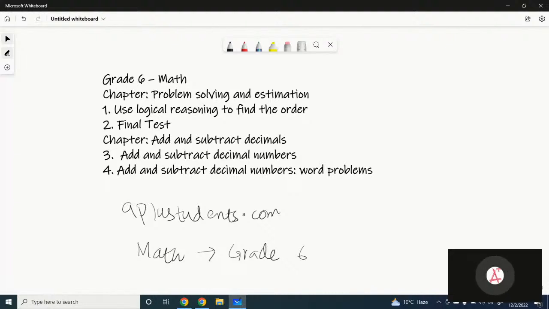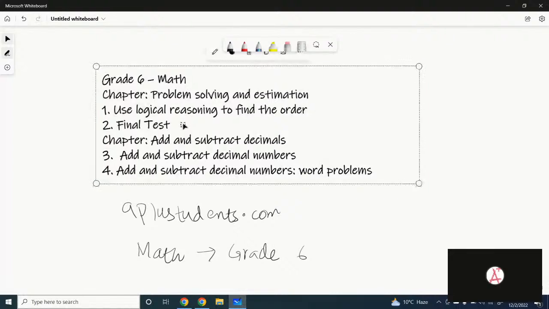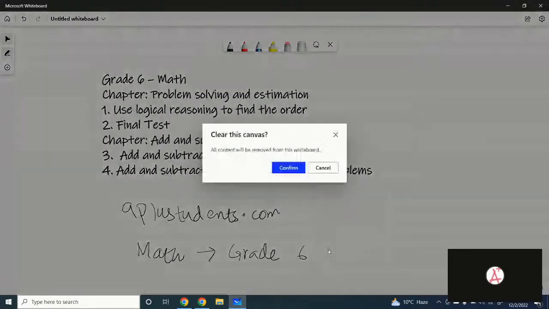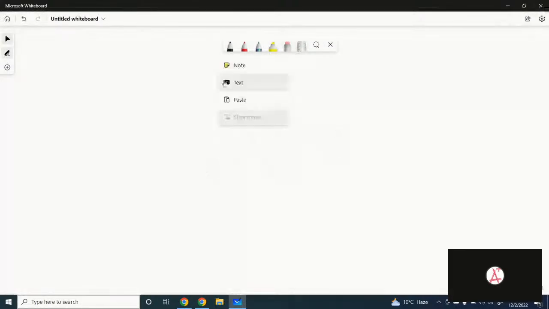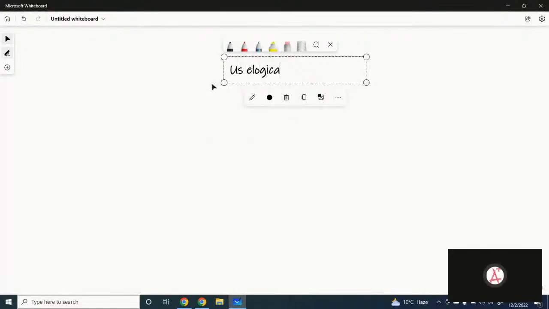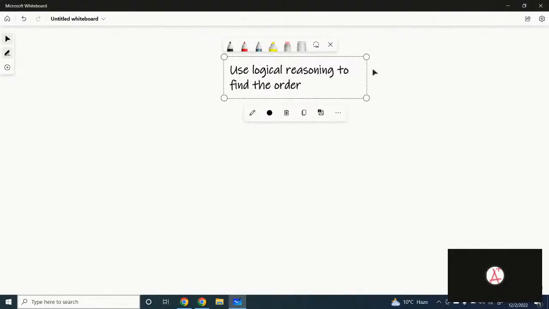The first lesson is use logical reasoning to find the order.